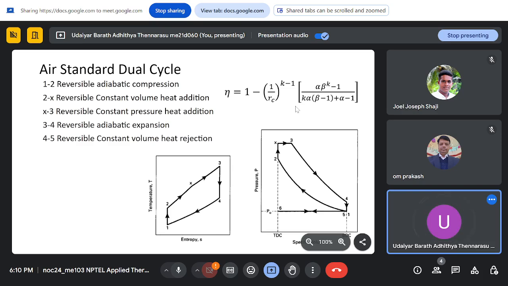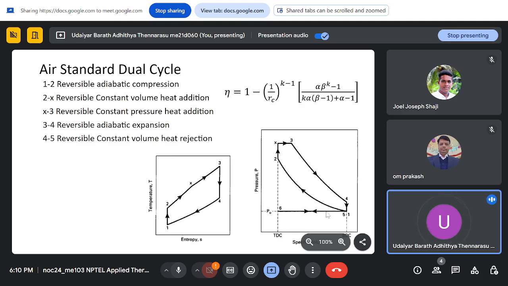So the dual cycle, as I told, is a combination of these two. So instead of assuming that your heat addition is happening at either constant pressure or constant volume, in this case it's happening in between, so you have both constant pressure and constant volume. So this is how the cycle will look. Again the rest of the process will be the same.